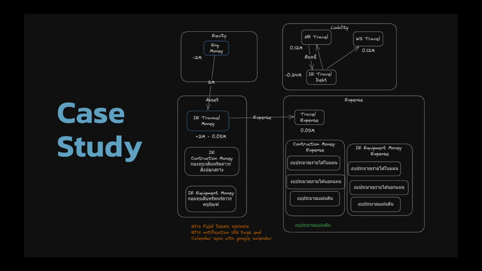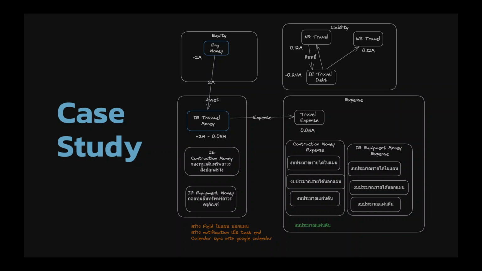Our department gets money from the Faculty of Engineering. We think about it as the engineering faculty giving us money, so it's almost like investing, and it goes into equity. Remember, when somebody invests in your company, it goes to equity.